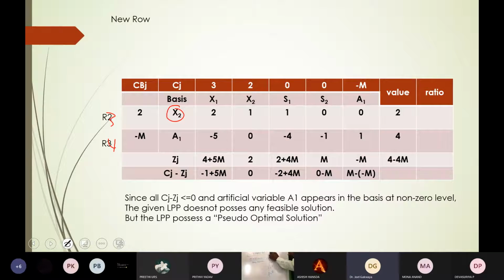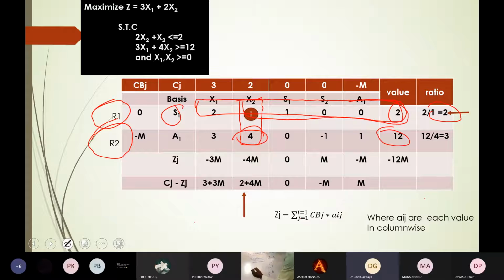How was it calculated? The old element was 3, minus the corresponding key column element, which was 4, times the corresponding key row, which was 2. So 3 minus 8 is equal to minus 5.